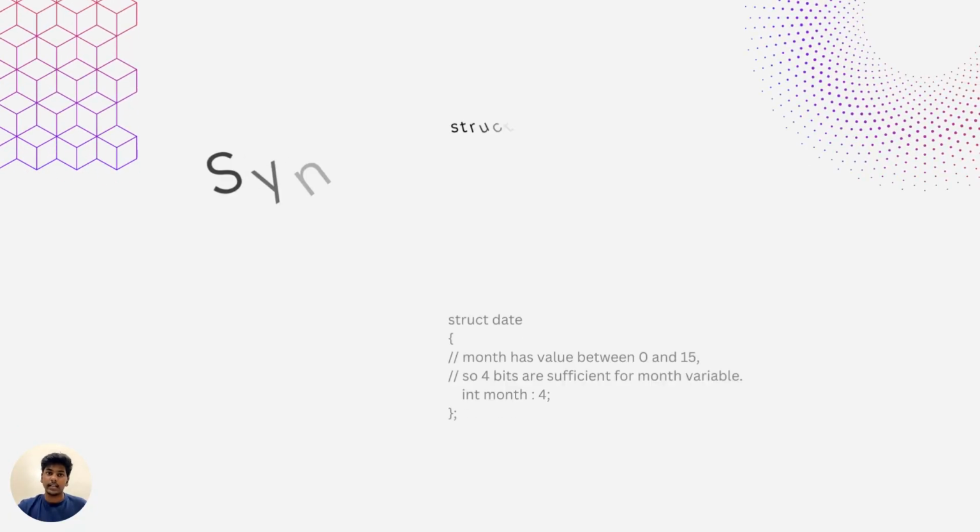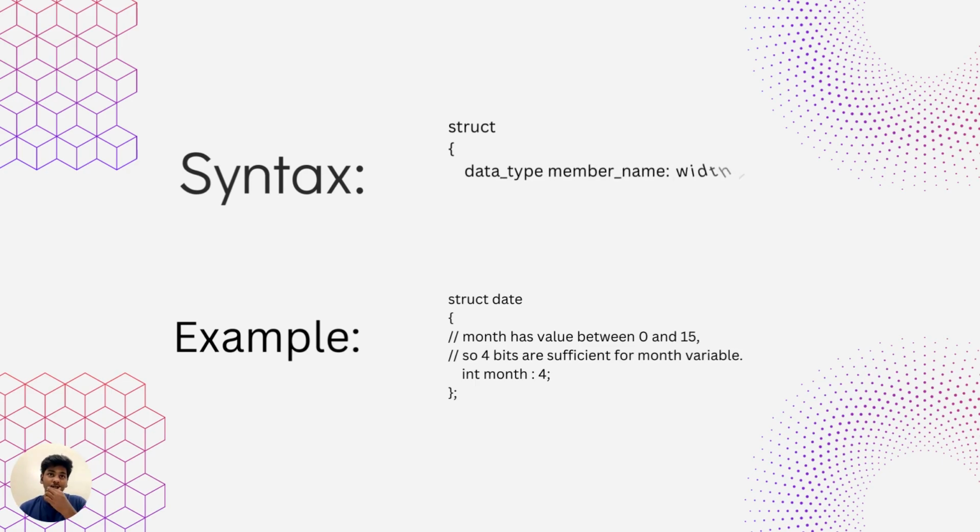Let's get into the syntax. Let's take structures as an example. The syntax is struct, data type, member name, colon, width of bit field. Now let's see an example. Struct date. We are going to declare the values, and as you can see here, 4 bits are sufficient to declare a month variable.